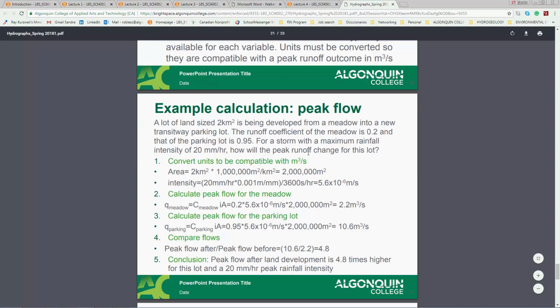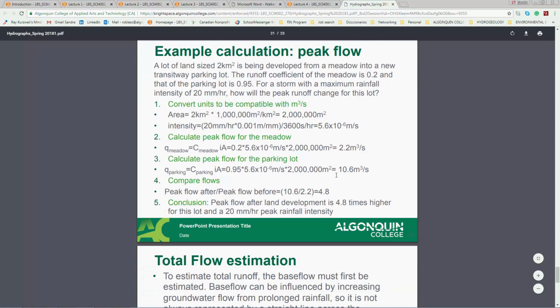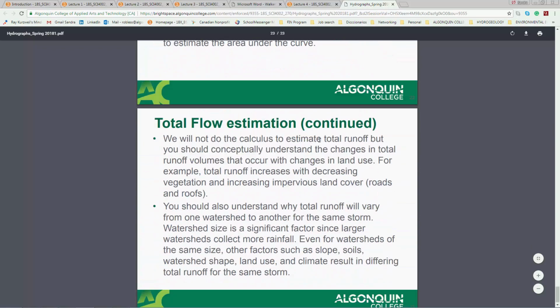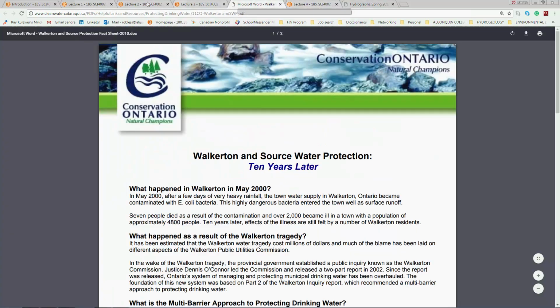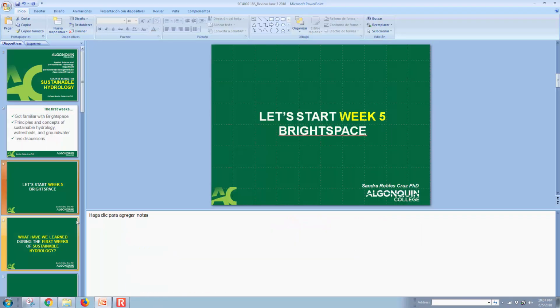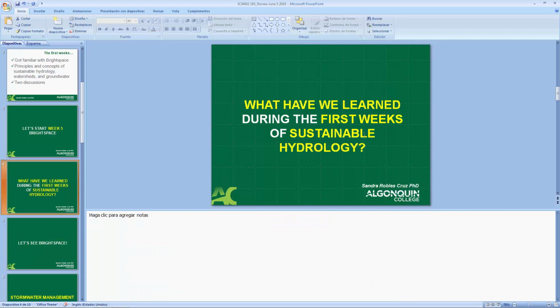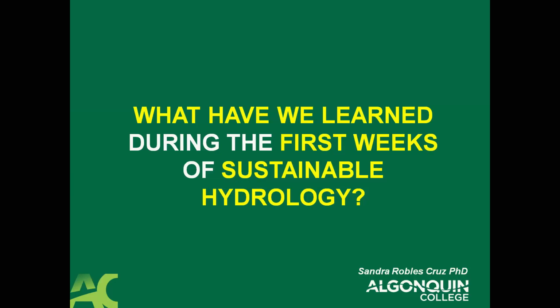There is an example. I'm sure you read it last week. So that could be all that we are going to cover in the quiz. As a summary, what I want to review is what we have learned during these first weeks of sustainable hydrology.